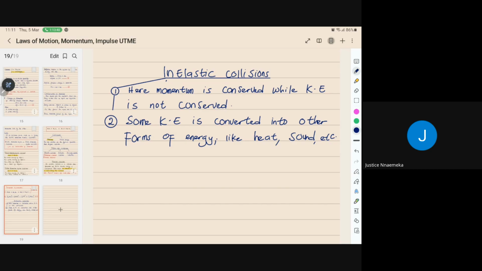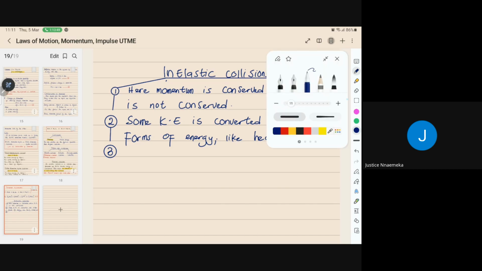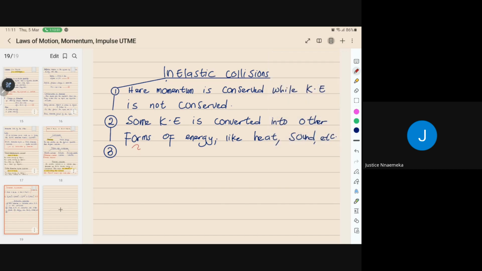And physically, the object is deformed. So the third one, I should write that so you could take note: physically, the object is deformed. So kinetic energy is converted, and the object is physically deformed. That is for your inelastic collision.